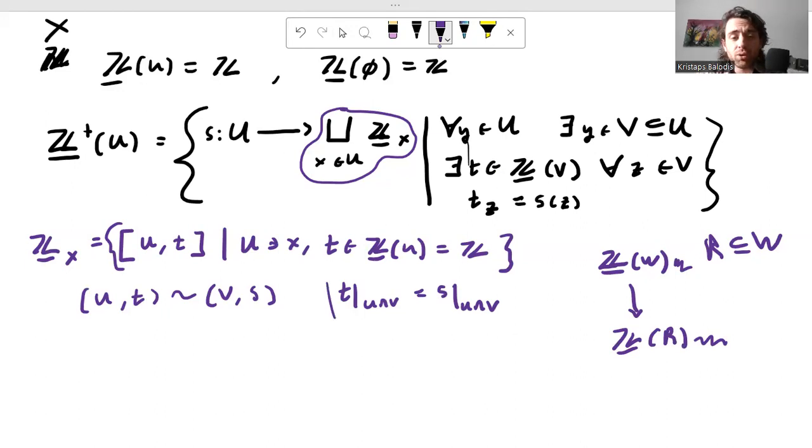So if this happened, the only way that S and T could possibly be equal upon restriction is if they had been equal before restriction, right? So it turns out in this case that S and T have to be equal. So these equivalence classes are really completely determined by the integer.